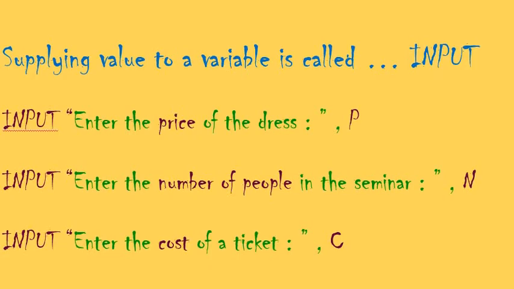Then, input, enter the cost of a ticket, and whatever is the cost of the ticket, put that in the variable which is C. So I can say that this variable is containing something. That something has a value that represents the value of that particular thing.